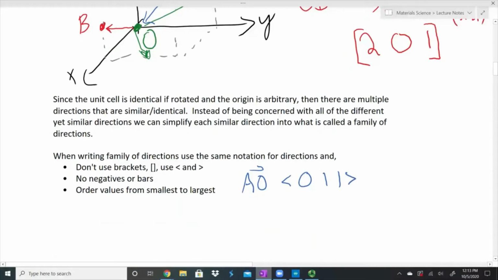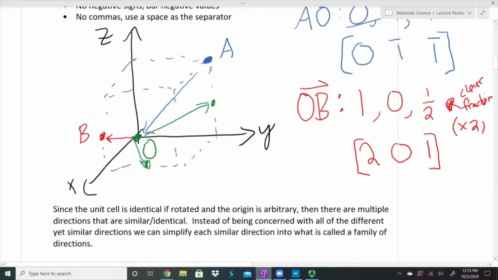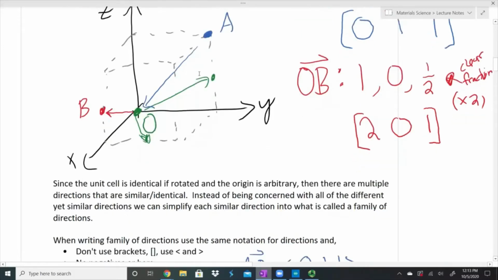Now, if we wanted to be specific, depending on the orientation of the dice at any given time, maybe one of them is going backwards and we have a negative. But with the family, we don't care because we're saying we can look at the dice from any direction, and a 0, 1, 1 direction is just going to be a face diagonal. That's all a 0, 1, 1 is, a face diagonal.